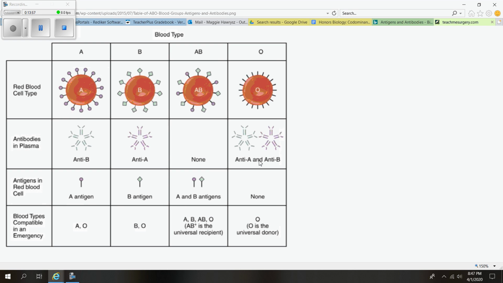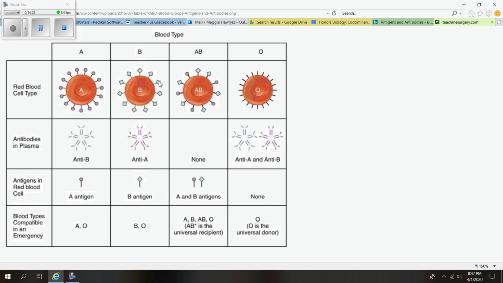When an individual receives the wrong blood from another individual, that means a mistake has been made. Let's say, for instance, a person with blood type A gets blood type B by mistake.